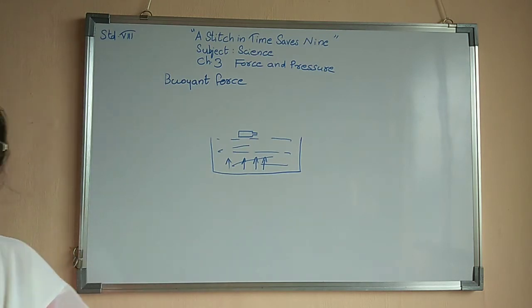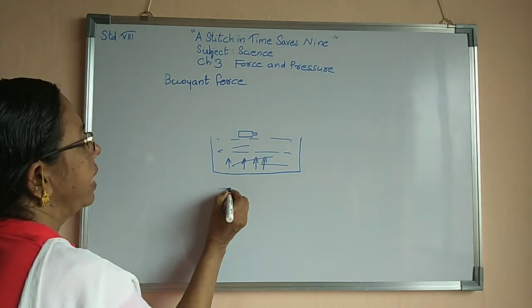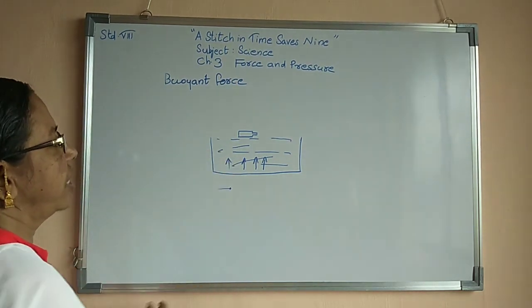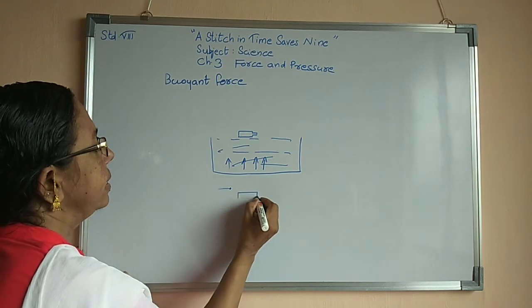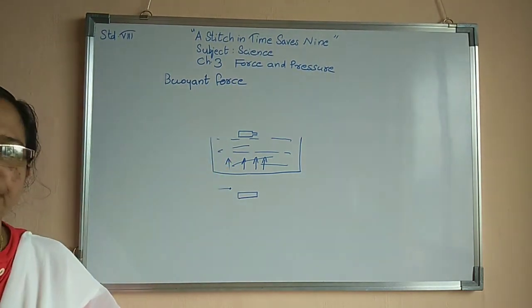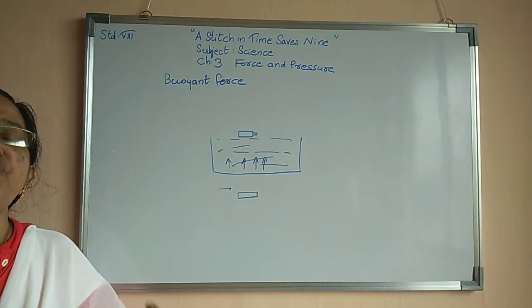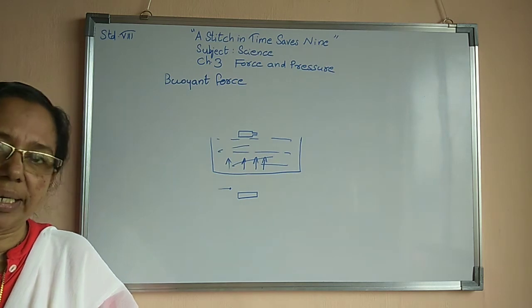Now, you can find that if we put a small nail in this water, or a piece of iron, they won't float, they sink in the water. Why are they sinking?